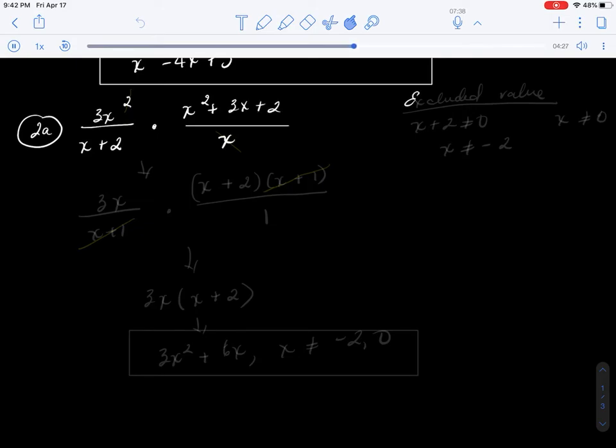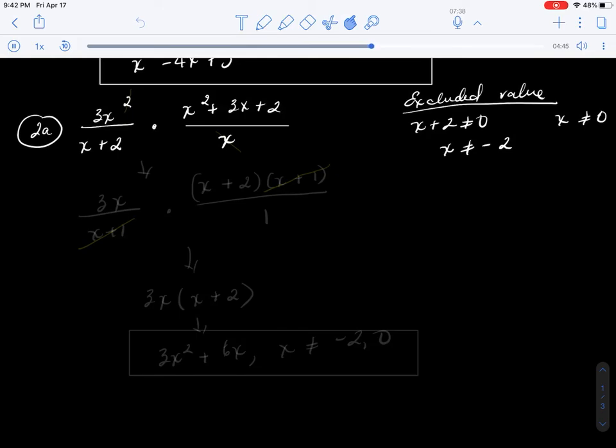They did not ask me for the excluded value, so I just go ahead and state it. x plus 2 cannot equal 0, so x cannot equal negative 2, and x cannot equal 0. Then let me simplify.